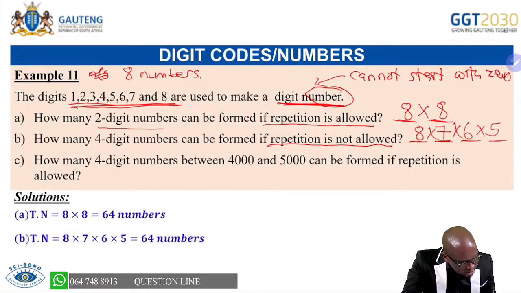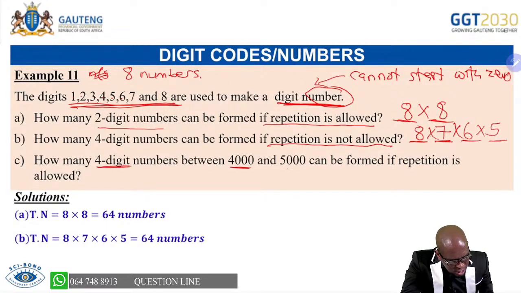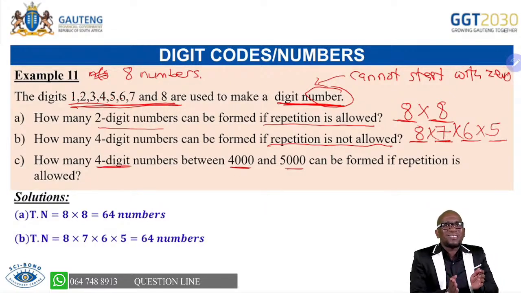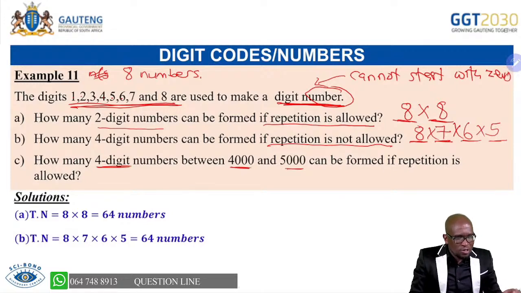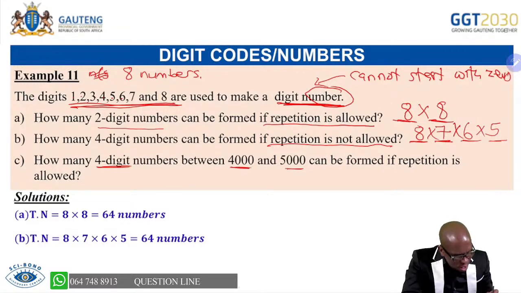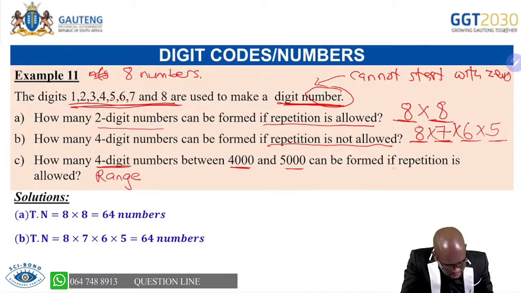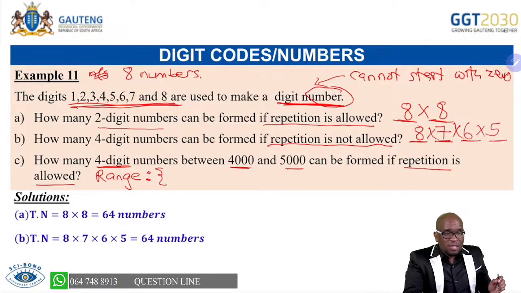And then the next one says how many 4-digit numbers between 4,000 and 5,000. Now this starts to be a bit tricky because they are saying between 4,000 and 5,000, and repetition is allowed. Let us examine the range of these codes.